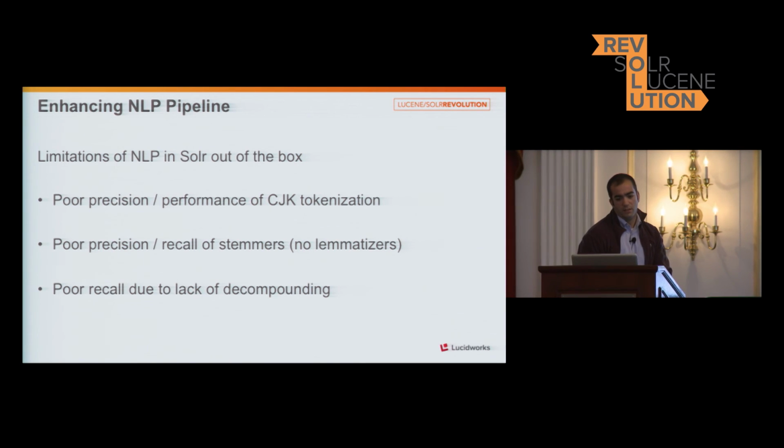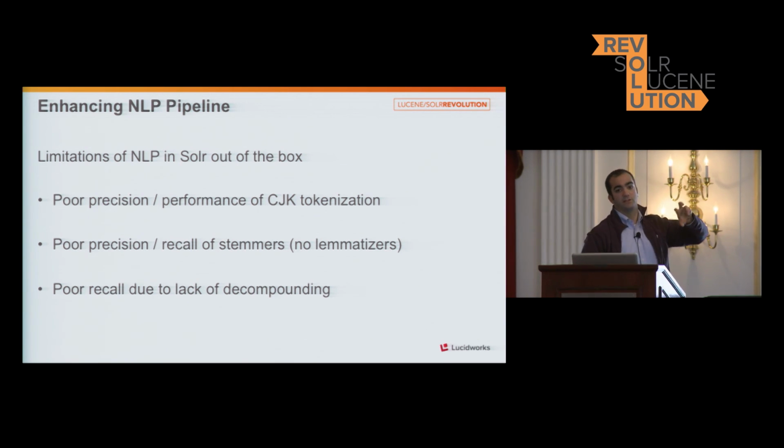Okay, so I talked about NLP. I'm not going to spend too much time on this because this is the marketing stuff where I talk about the NLP products that Basis provides, but we're running a little low on time. The point here is I mentioned CJK tokenization, stemming versus lemmatization.